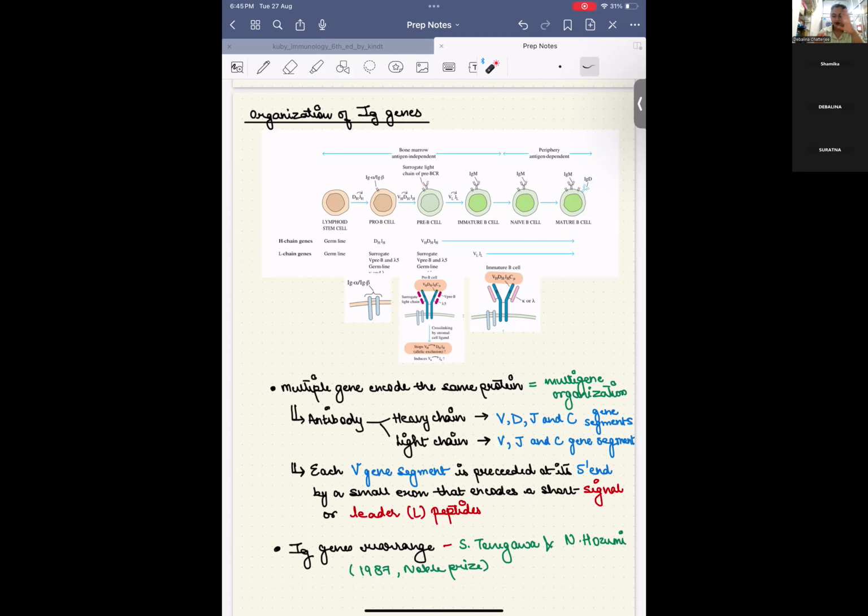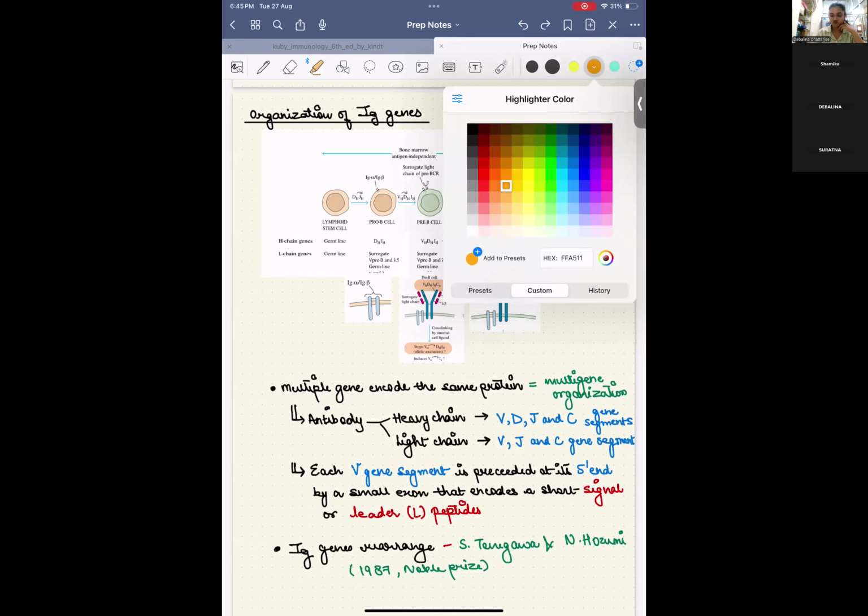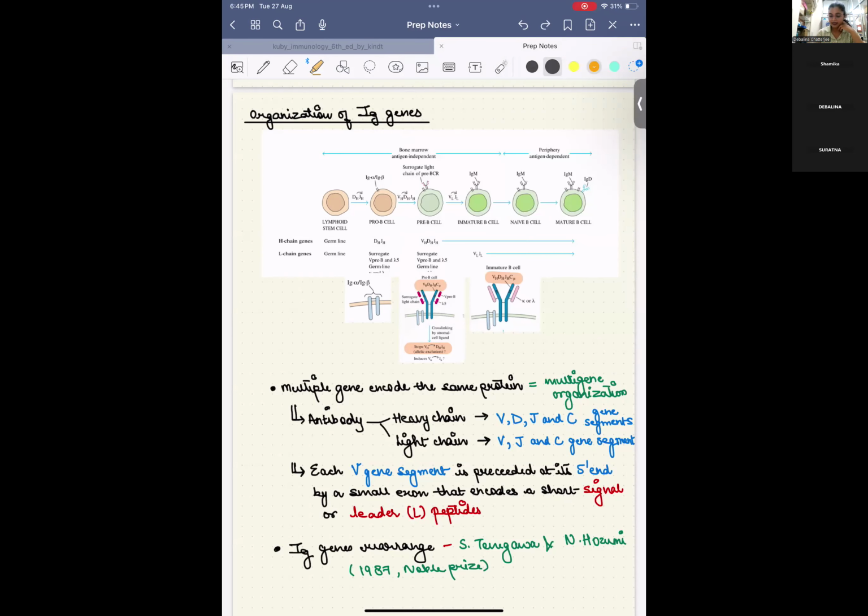So with all this confusion around, two concepts came up which best try to explain the mechanism and reason out the phenomenon that was being encountered. One is the multi-gene organization of the immunoglobulin gene.